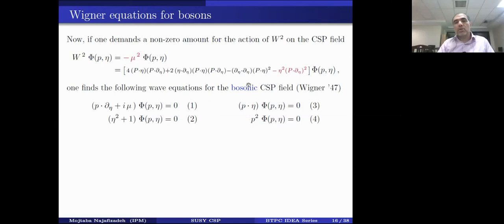Maybe you ask whether there was another choice. For example, here we could choose P dot eta plus I mu equals 0 or d eta plus 1. Again, you will get minus mu square, but you cannot obtain this important relation, which says that this particle is massless. So the continuous spin particle, as we said, is a massless particle. You should have this relation.